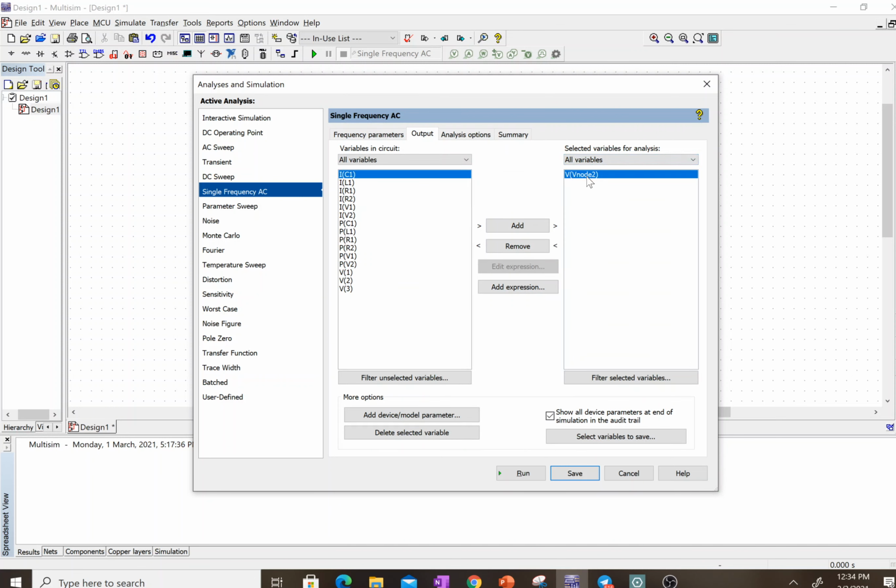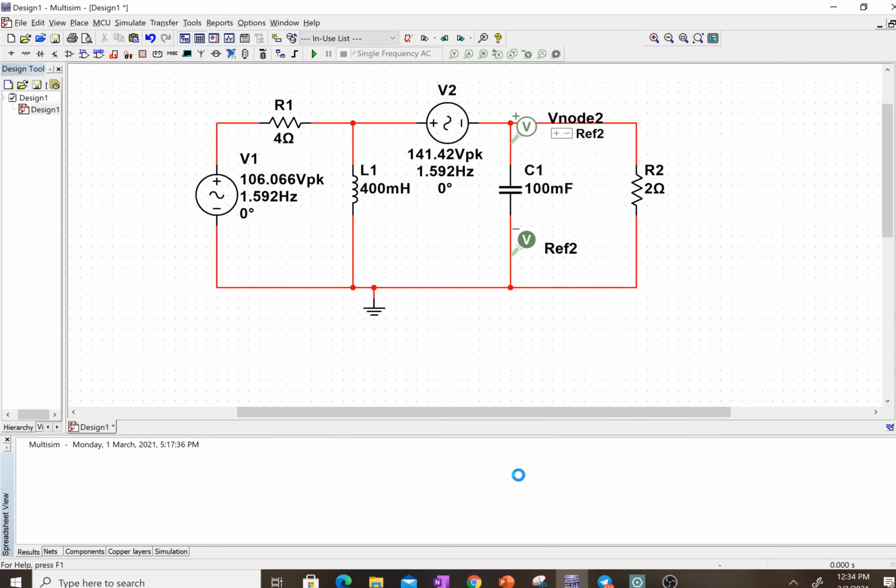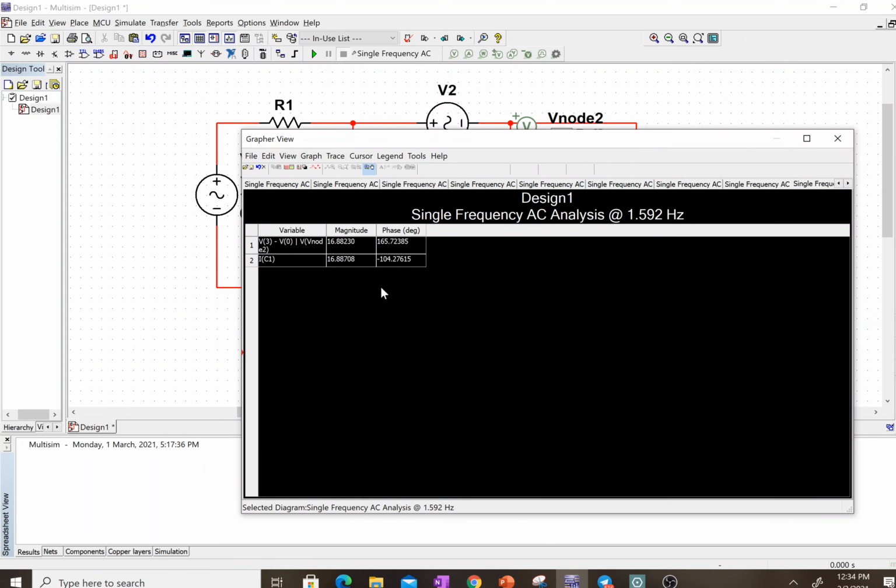This is the voltage across the capacitor, and then you can select the current flow in the capacitor. Select this one and click run. Make sure that you choose the right variables to measure. This is the result.